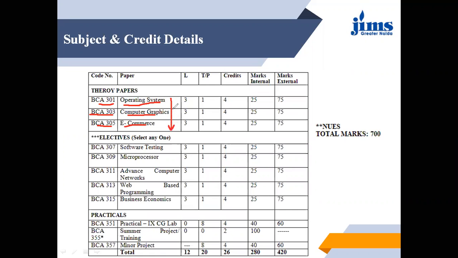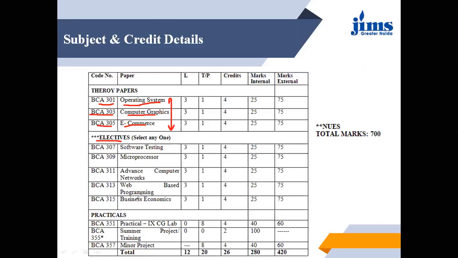Those have to be read, but there is an elective that can be selected from these five subjects. That is software testing, microprocessor, advanced computer network, web-based programming, and business economics. So you can choose any one from these electives.